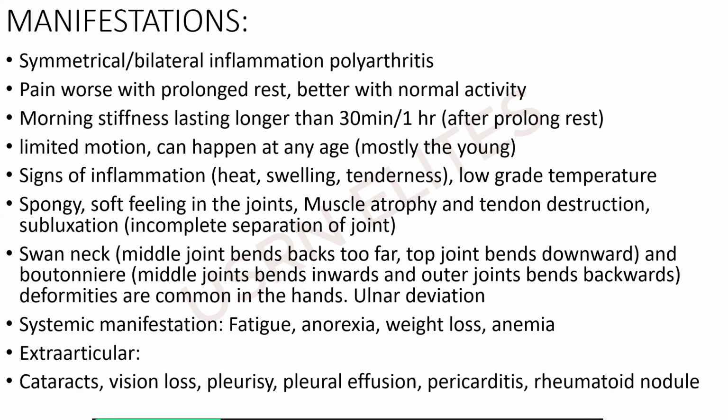Okay, and there's limited motion. It can happen at any age. Know that blood flow doesn't depend on age. Unlike osteoarthritis, which can affect only the aged, this one, blood flow, it has no respect for age, isn't it? For young adults, we have blood, okay? It flows everywhere. So it's like that.